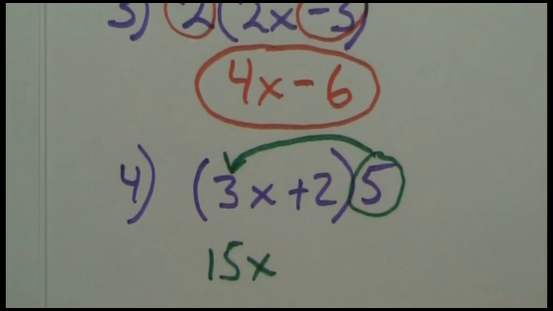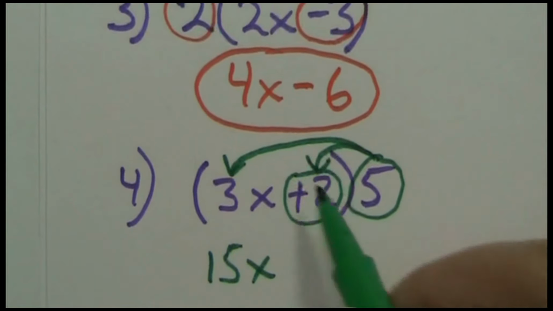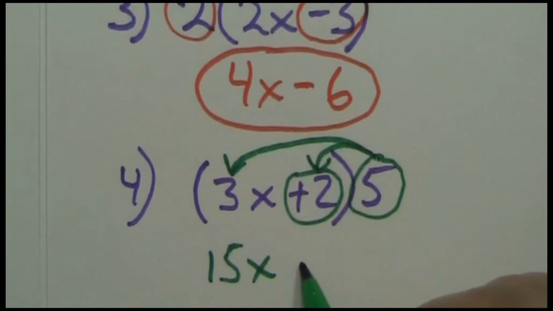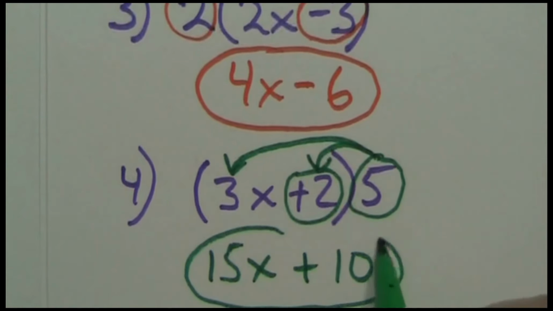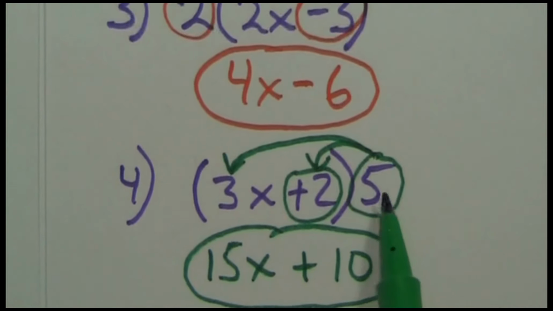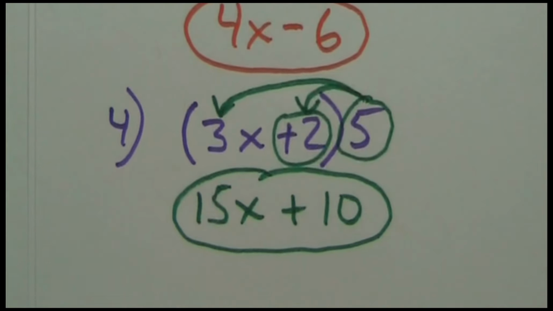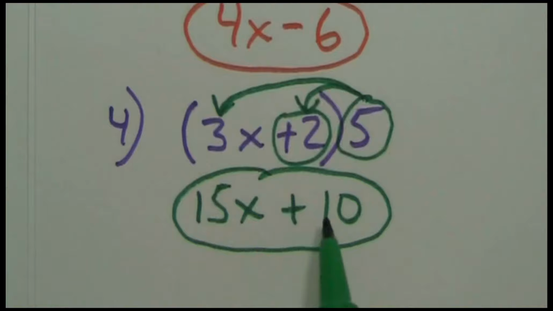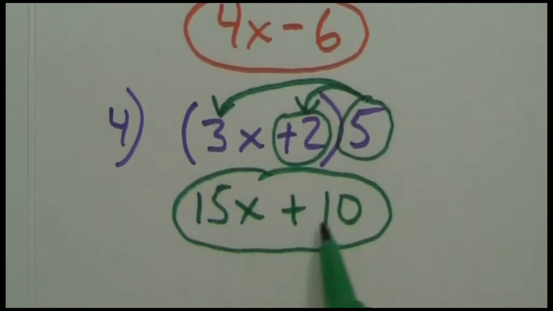That's 15, so that's 15x. And then 5 times, that's a positive 2. 5 times 2 is 10. And that's all you can do. So sometimes it could be over on the right side instead of the left side. All right, and we cannot combine this anymore. These are not like terms. You cannot add these together. Yeah, we can multiply things, but we cannot add them together.